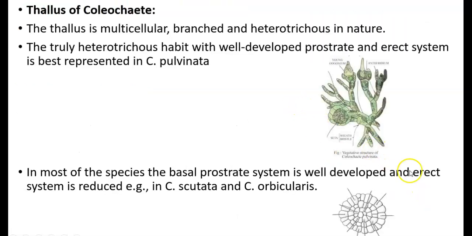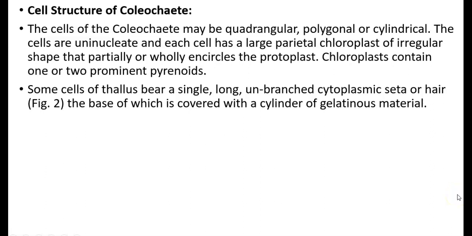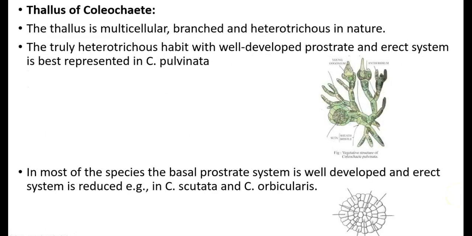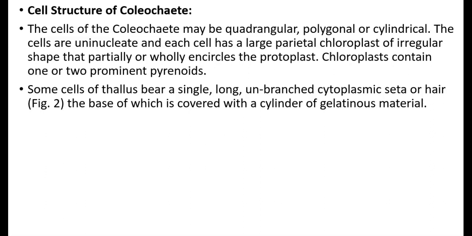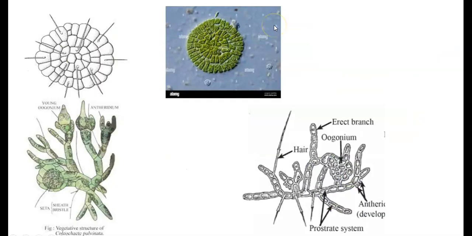Then thallus structure we have already discussed. Just for you to write the notes, I have described this in words in these slides. So this is all about this. Then one more point to remember. If you see the cells of Coleochaete, you can see that it is either quadrangular or polygonal or rectangular.